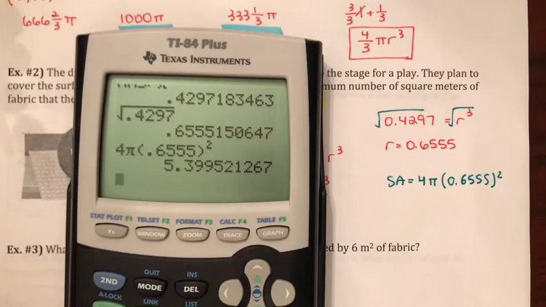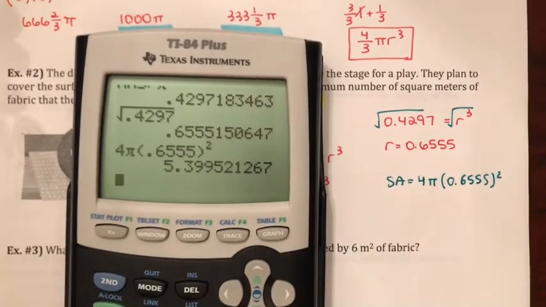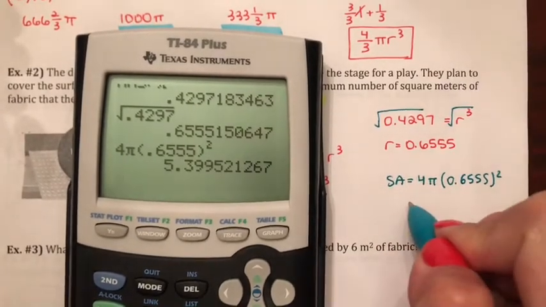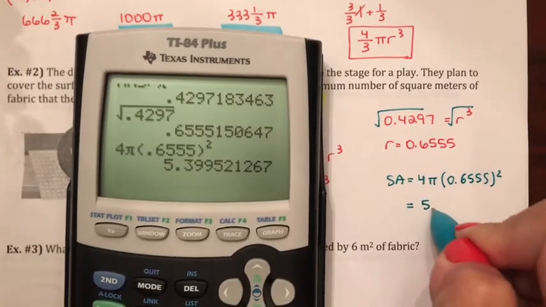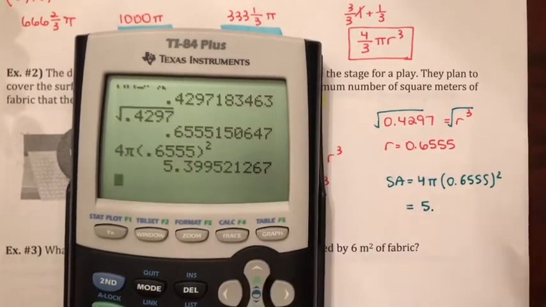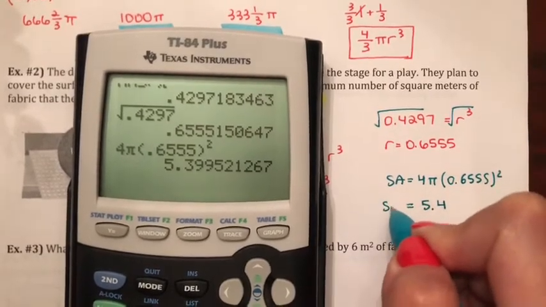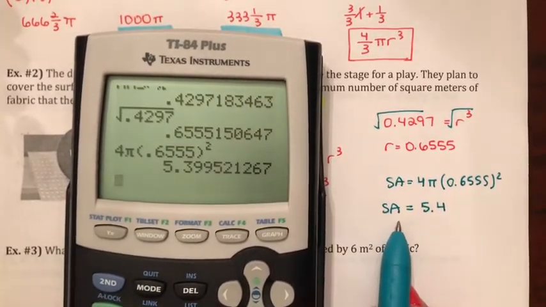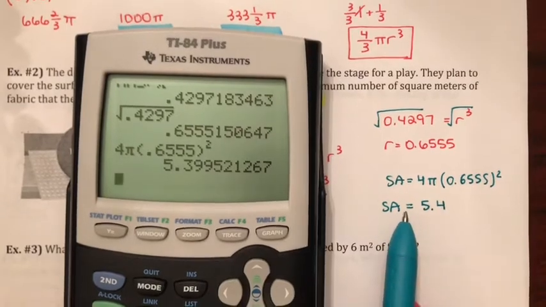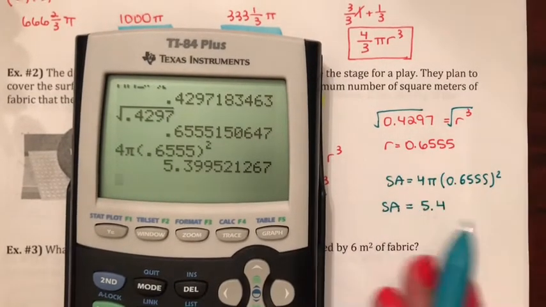Okay, so we have our surface area. When we plug this all into the calculator, we have 5.399. I'm just gonna round to the nearest tenth, 5.4. Okay, now when you're talking about surface area, it's kind of like taking the area of a sheet of paper, okay?